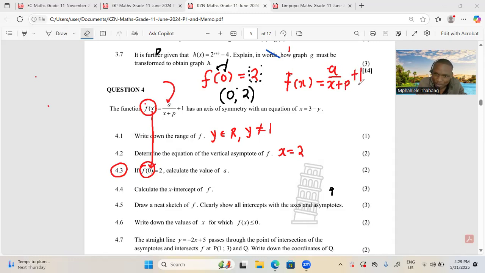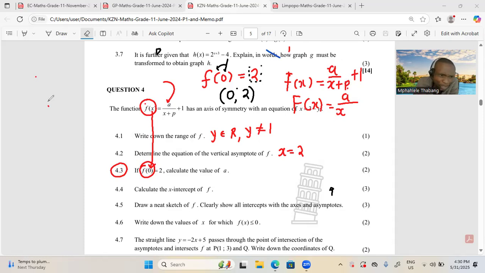Okay, so what you do, you now say f of x equals a over x. You ask yourself, what is this p?